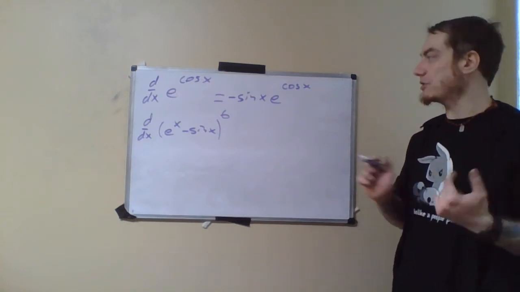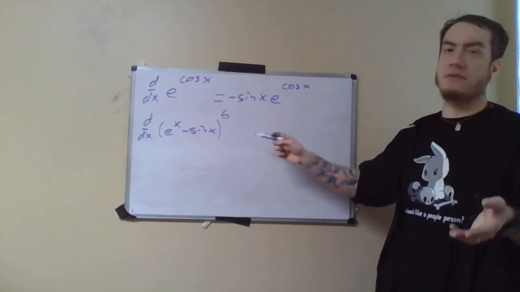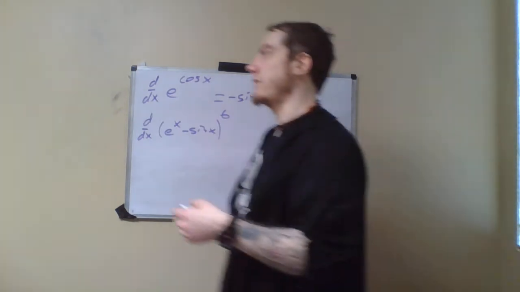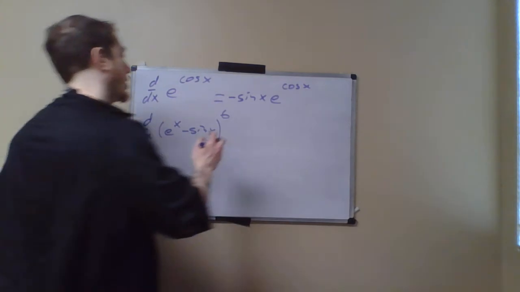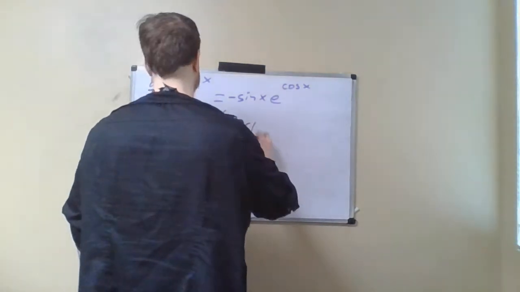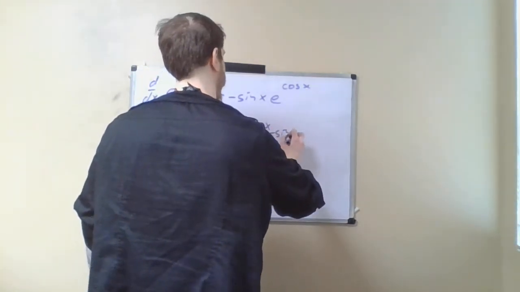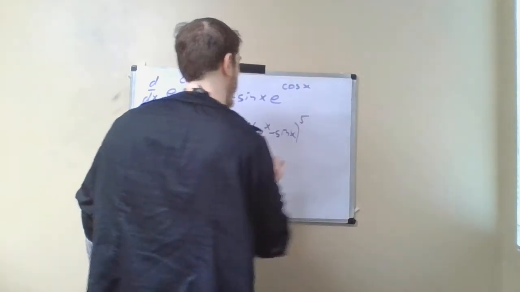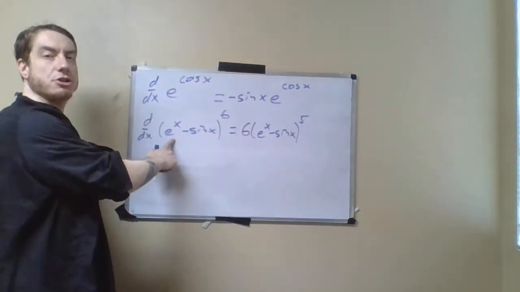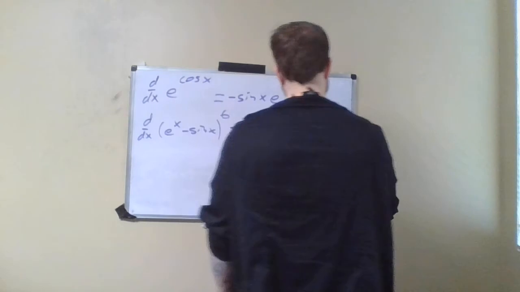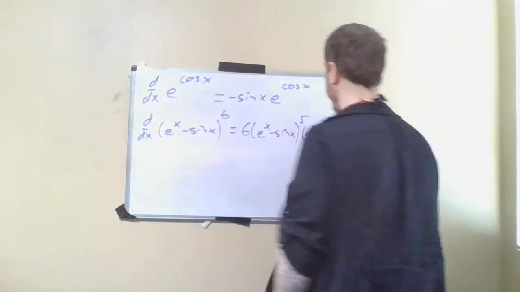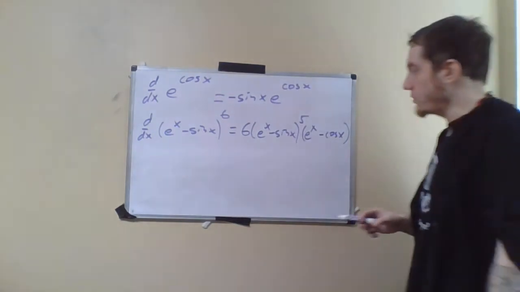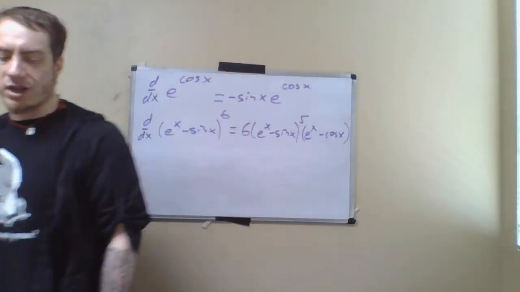You can often expand out whatever you've got on the inside and figure it out that way. But frankly, this is much, much easier. This is going to be 6 times e to the x minus sine x raised to the 5th, and then I just have to multiply by the derivative of what's inside, which in this case is e to the x minus cosine x. So there we go. We've got our answer very, very quickly here.